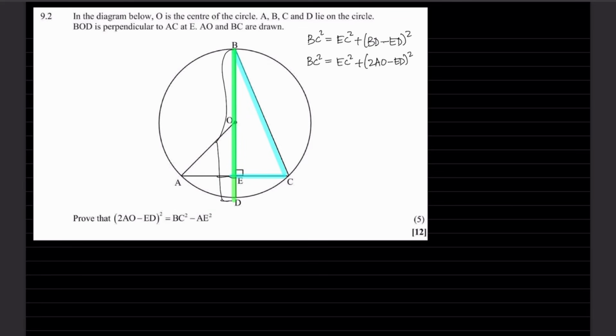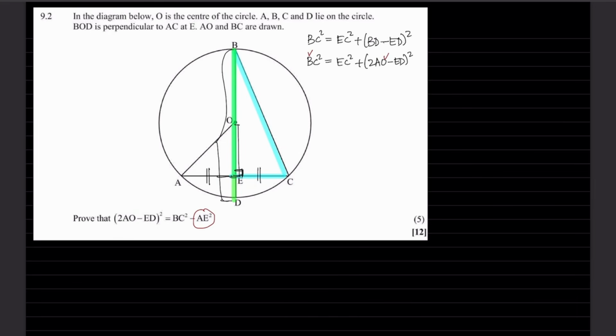So we've got our BC squared, we've got our bracket here, and all that's missing is AE. Now the next thing is that since OE is a line that is drawn from the center and AC represents a chord, and we are shown that it's perpendicular, it means that that chord is going to be bisected, meaning that AE is going to equal EC.